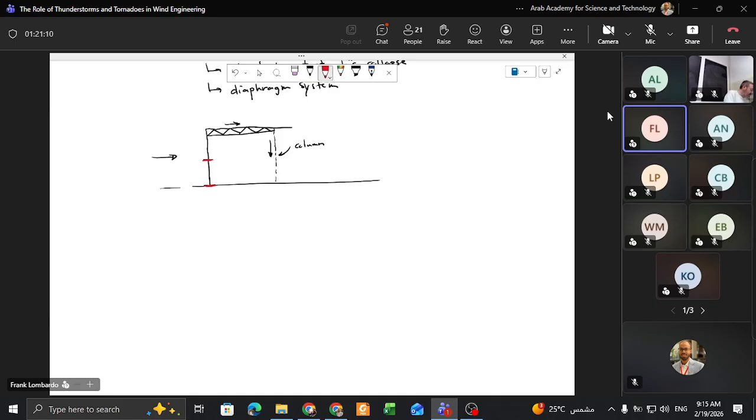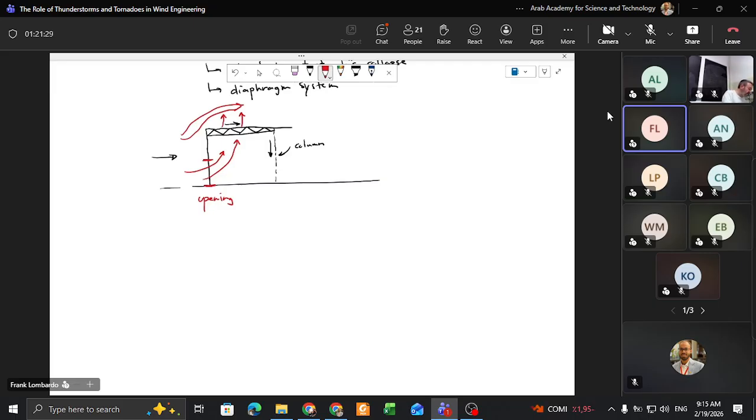So what happens is if you get this opening, again, you get internal pressure built up in here. You also have your aerodynamic loads externally flowing over the roof, like this.